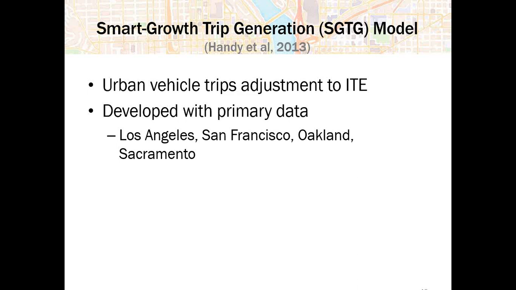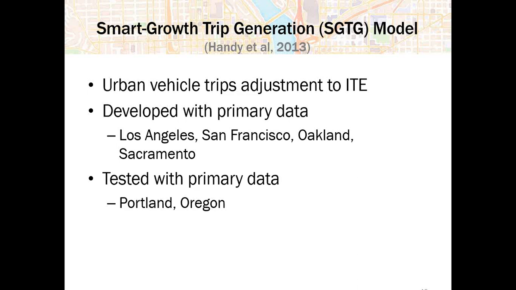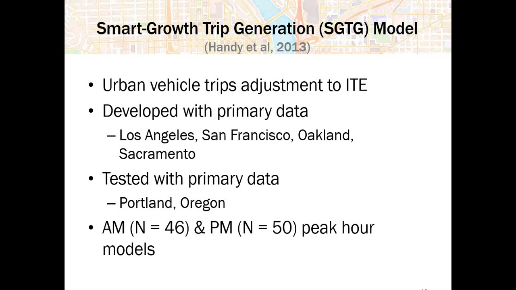It was developed using primary data collected in LA, San Francisco, Oakland, and Sacramento. But then it was tested using primary data collected in Portland, Oregon. And this is the 78 sites that the previous study had used. And finally, they estimated two models, one for the AM peak and one for the PM peak hour. They were also able to add a time period to this study.